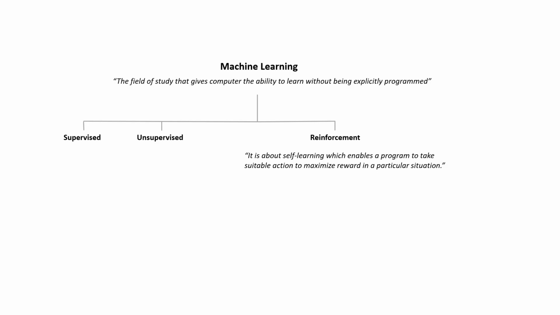This is based on a reward and punishment strategy, where the program or agent receives positive feedback or reward on a correct and expected action and receives a punishment or negative feedback on a wrong action. Further, these feedbacks are used to make right decisions. Let's try to understand this in the next slide.